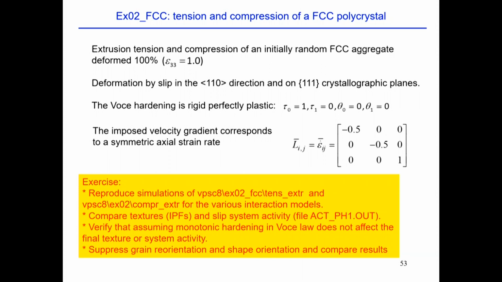So if I provide the elastic constants in GPa, then a 1 here will be 1 GPa, for example. So we are going to impose a velocity gradient like this: 1 in the direction 3 and minus 0.5, minus 0.5. It has to be incompressible, so the diagonal has to sum to 0.